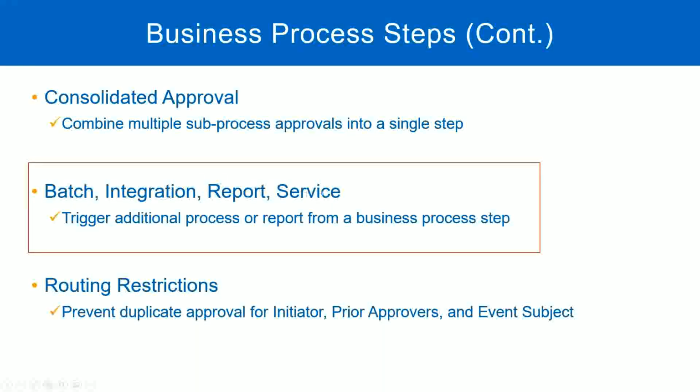We will use integration, report, service, and batch when we talk about the integration business process. Service we will use here as well, as part of the hire business process and as part of ACM. But integration we will definitely use when we are creating our integrations. So the point is, from within a business process, you can also trigger these types of additional processes.